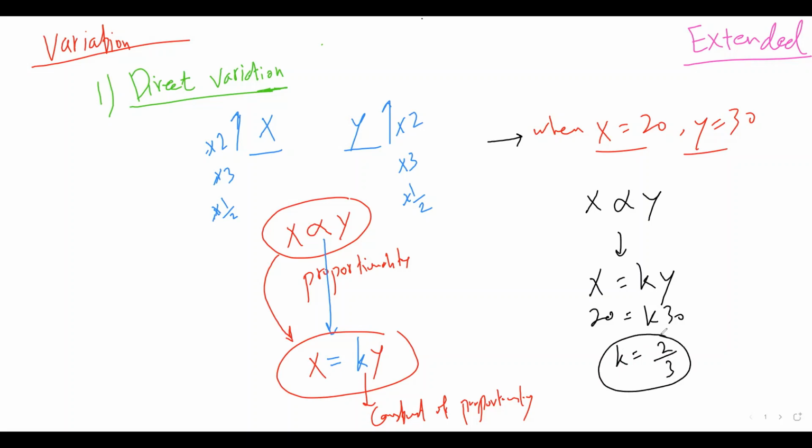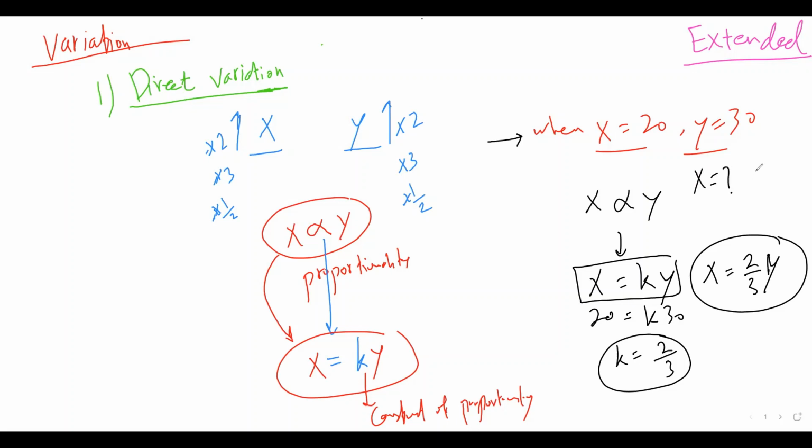So I found K. I go back to this formula and substitute the value for K. Now this is a useful formula because usually in the second part of the question, they say, okay, find X when Y is, for example, 60.